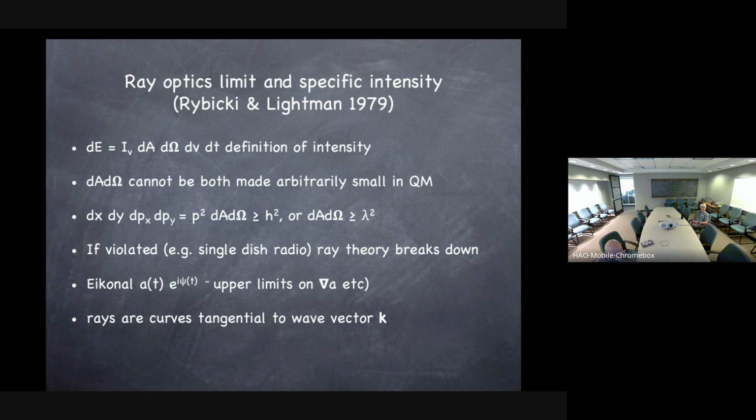There is one thing that's not very often highlighted, and that is that when we define a beam of light, we talk about the amount of radiation.